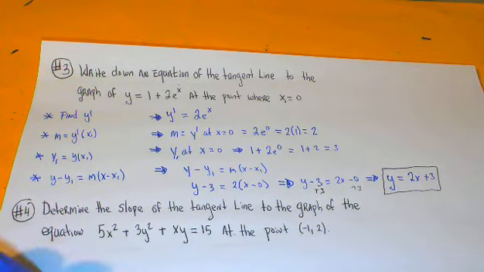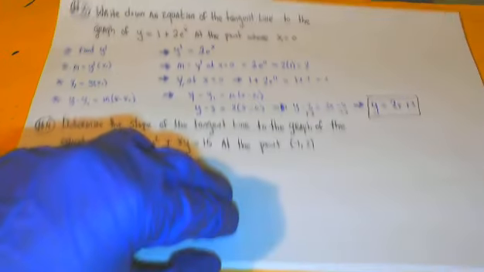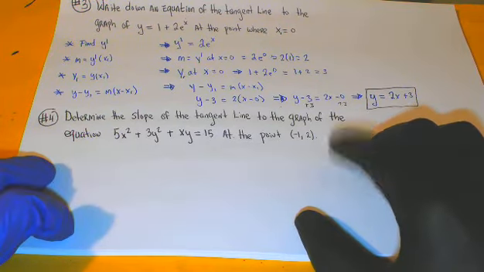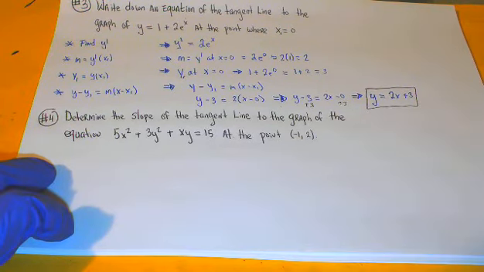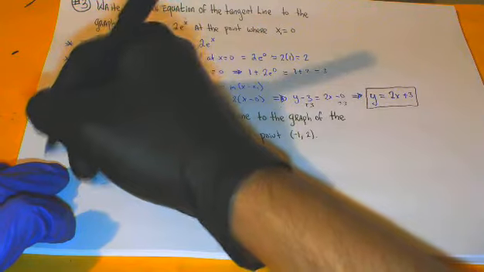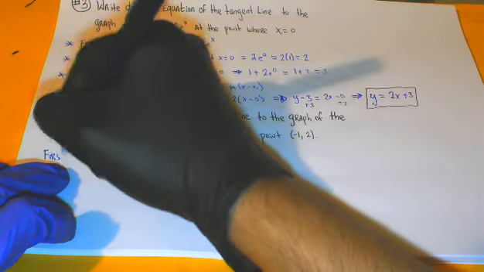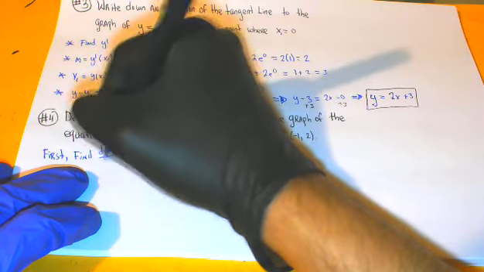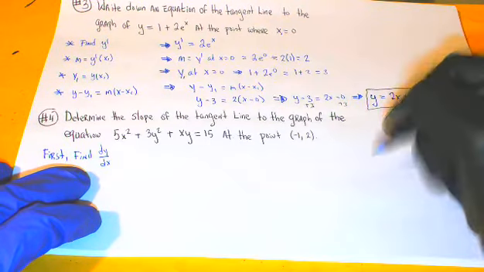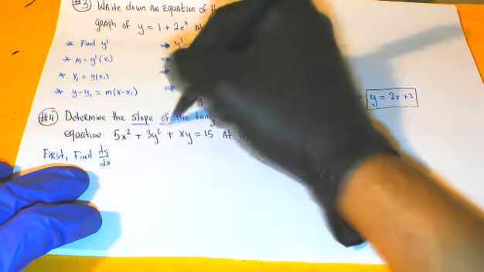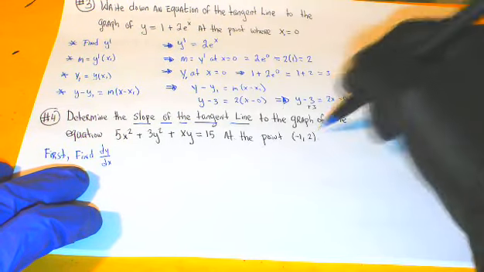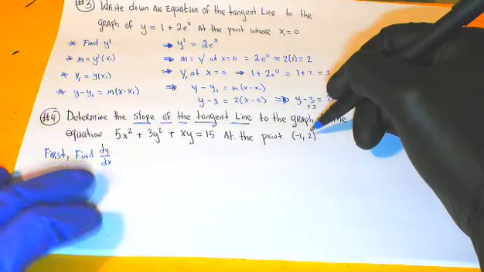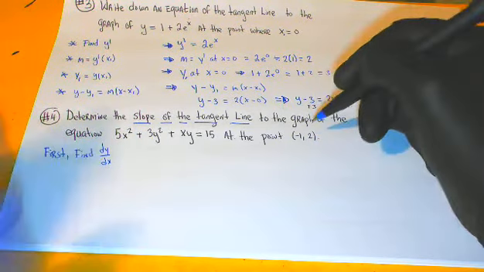Alright, on to problem number 4. Problem number 4, we're going to have to use implicit differentiation. So first, you're going to have to find dy/dx. Then, if you want to get just the slope of the tangent line, you'll have to plug in your given coordinates for x and y into your derivative, which is your slope.